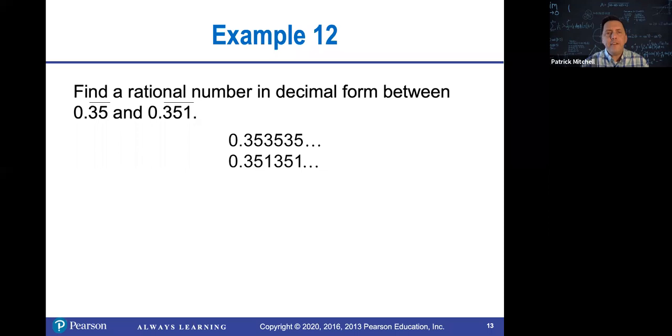All right, and then finally, we're going to find a rational number in decimal form between 0.35 repeating and 0.351 repeating. So again, if you write those out without the bar, compare the place values. The first place where they're different is in the thousandths place.